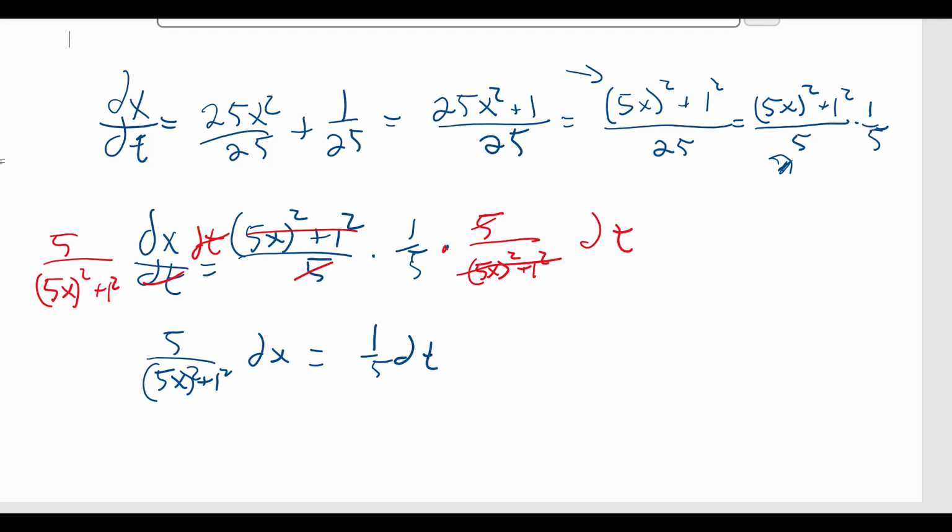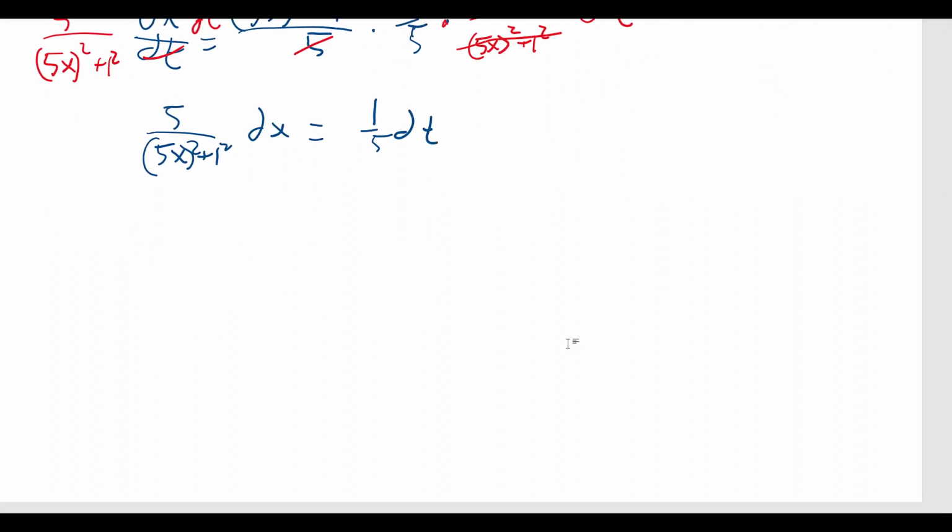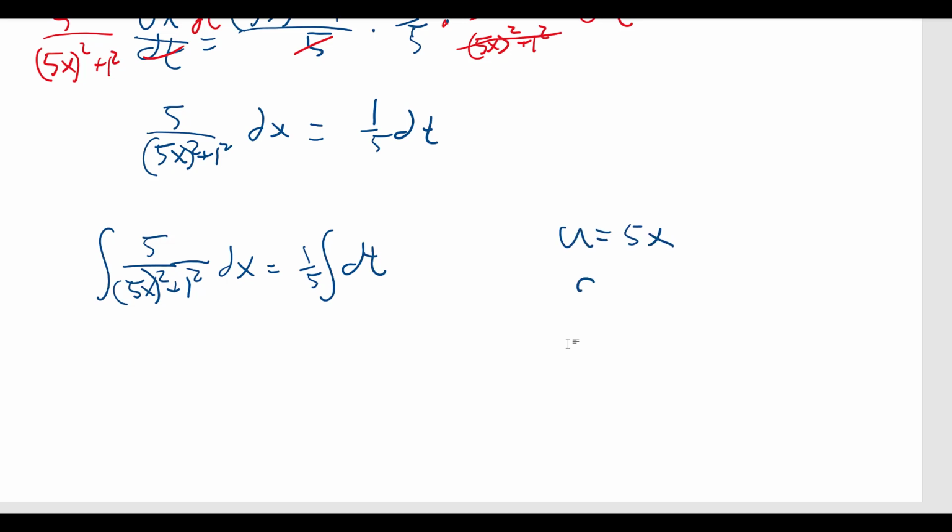If I were to integrate these, I'll have the integral of 5 over ((5x) squared plus 1) dx equals the integral of 1/5 dt. Now if I say u equals 5x, my du is going to be 5 dx, so we have the 5 dx here.